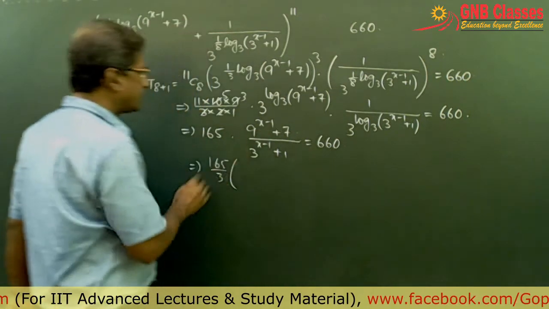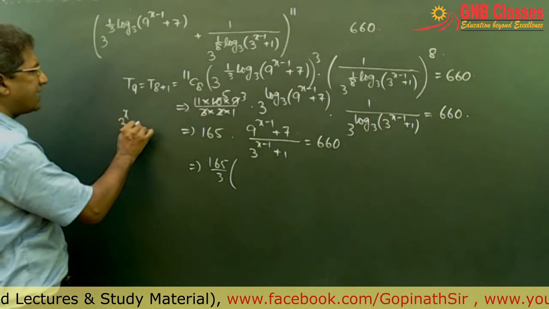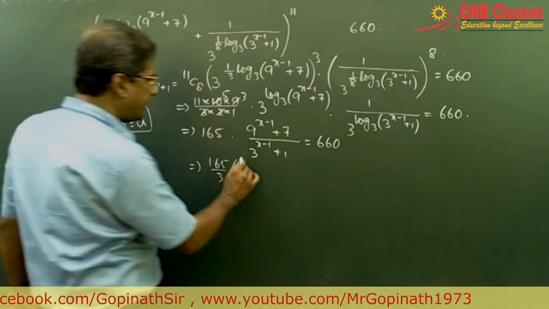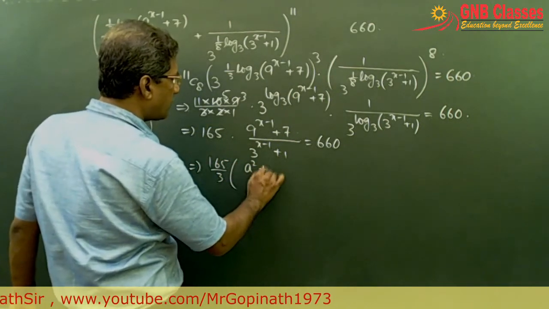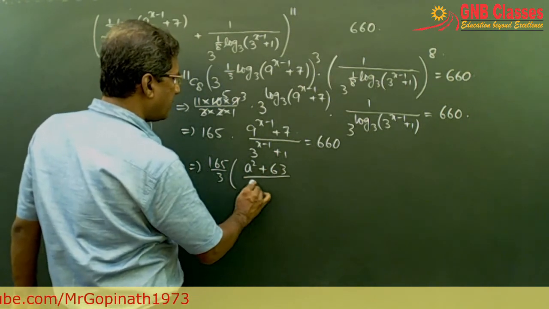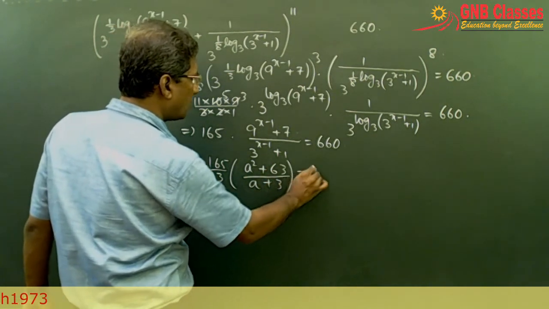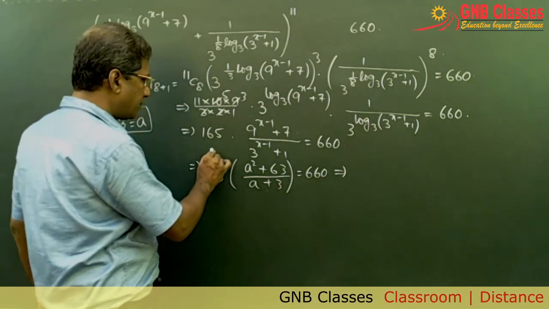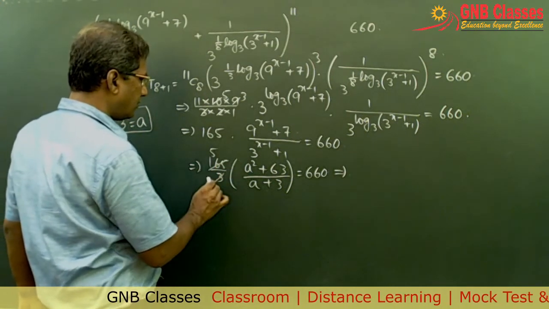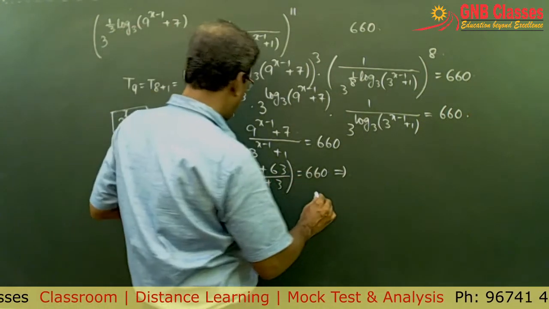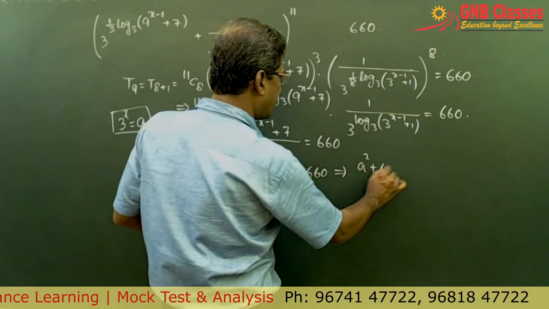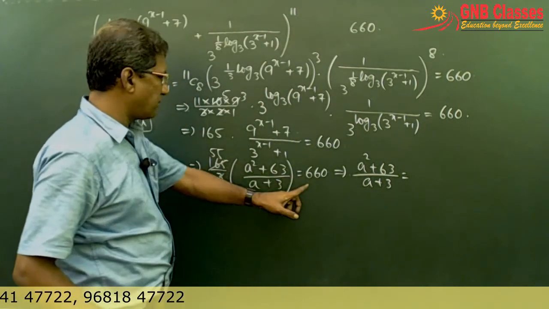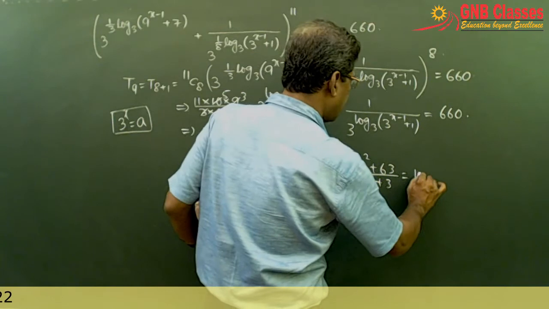Let me just denote this thing, 3 to the power x, I am writing it as a. So what we are getting? It is basically a square plus 63 divided by a plus 3, which is equals to 660, which implies this will get cancelled and we are getting 55, and if we cancel this, we are going to get a square plus 63 divided by a plus 3 equals to 660 divided by 55, which will give you 12.